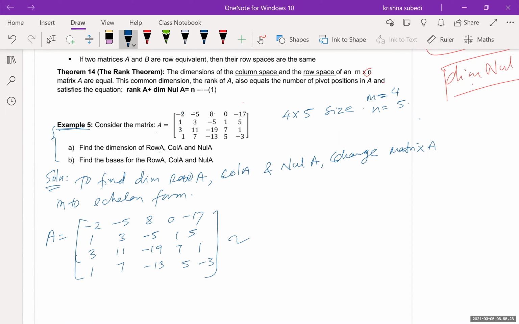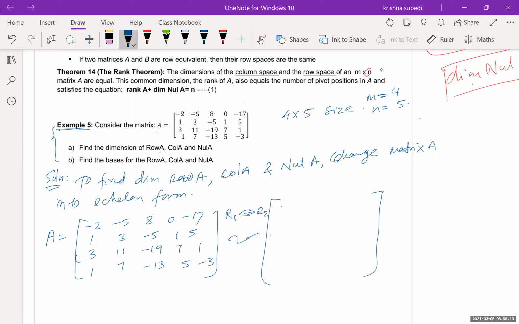And change it into echelon form, and let me denote that echelon form by B. First thing I will do, row 1 and row 2, I will interchange.